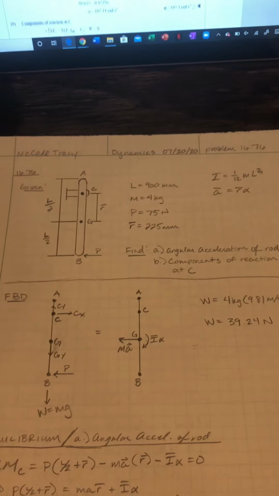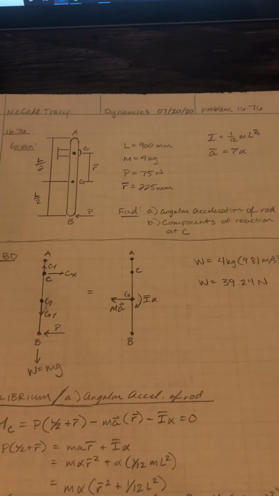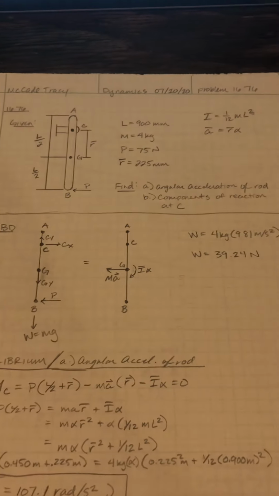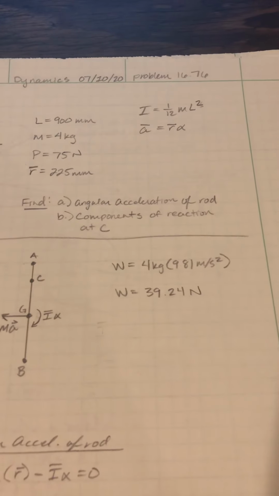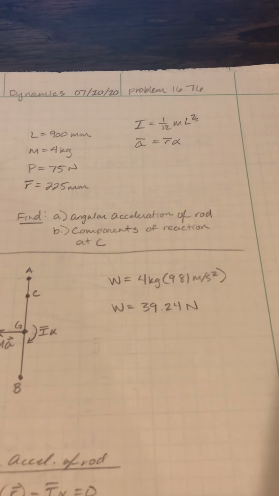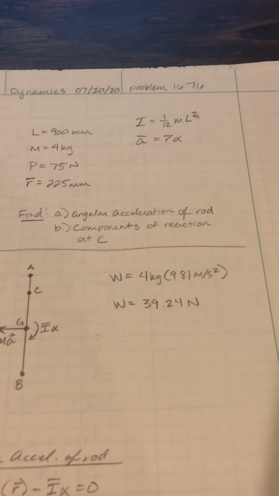And the next problem here, we have a slender rod that is being suspended at hinge C, using our moment of inertia equation, 1 over 12 times the mass times the length squared, and acceleration is equal to radius times alpha.